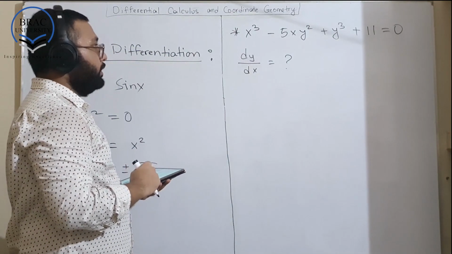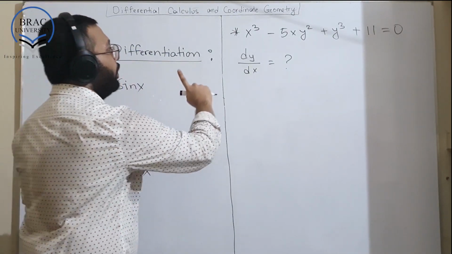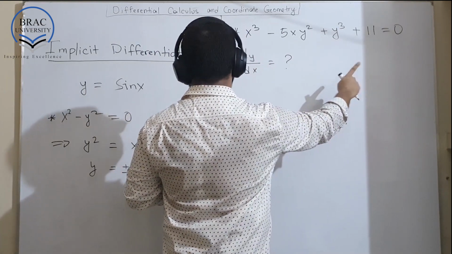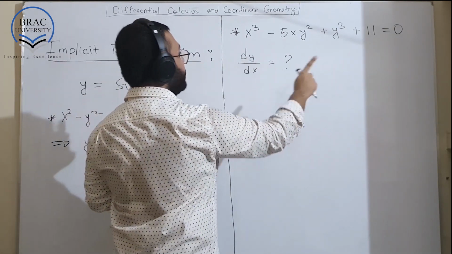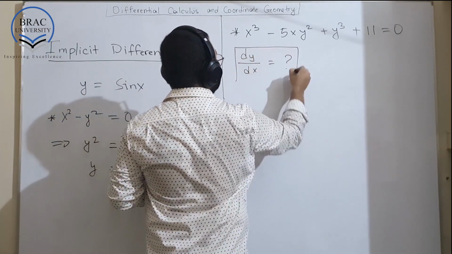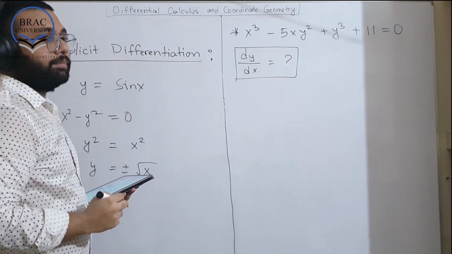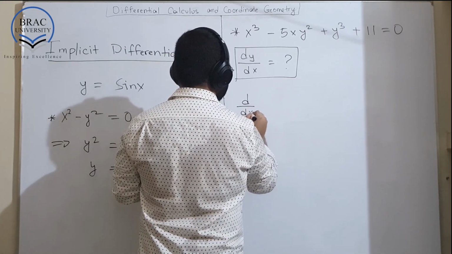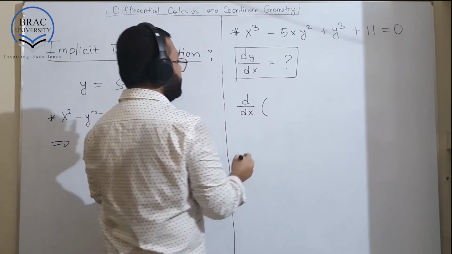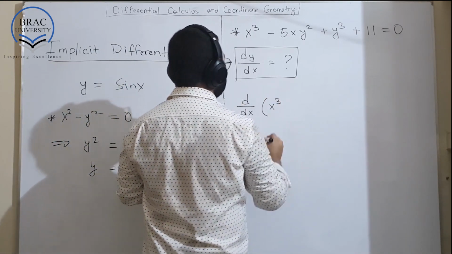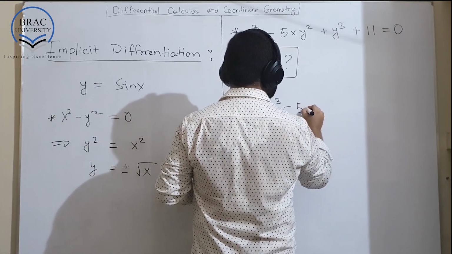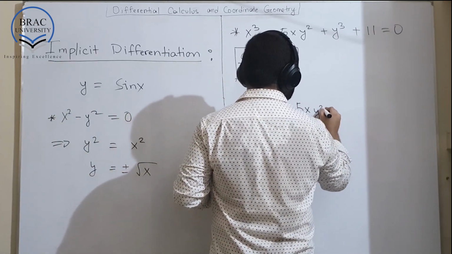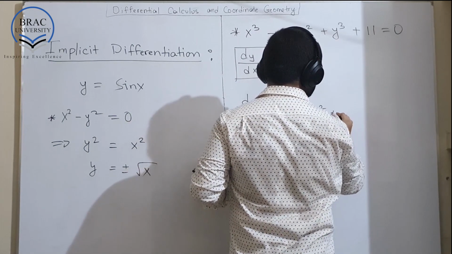No. You can try, but you cannot write y purely in terms of x. So how do we find this? The idea is just to differentiate the whole expression. This is called implicit differentiation. Let's see.